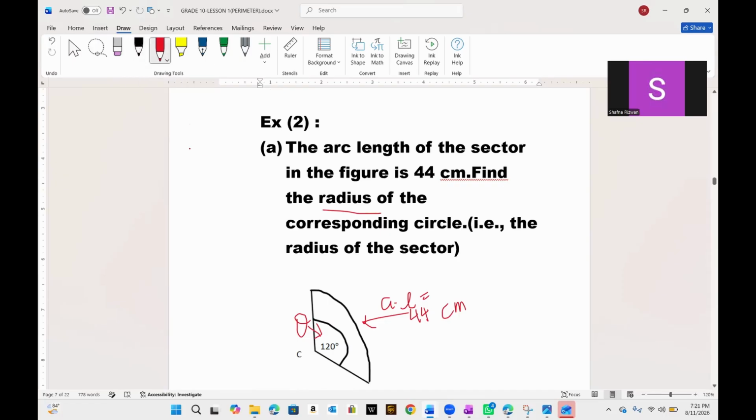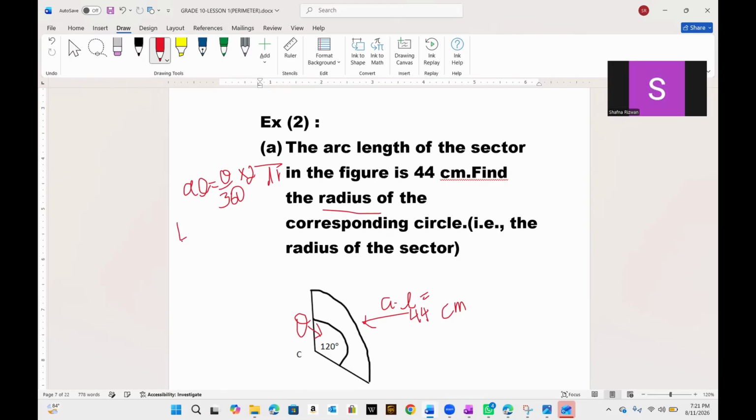Now see here. Arc length of the sector is equal to, what's the formula? Theta over 360 degrees into 2 pi r. So how much is the arc length?